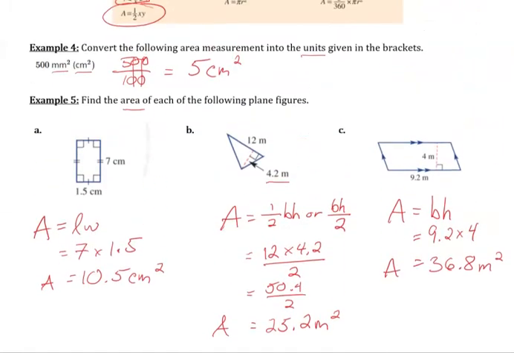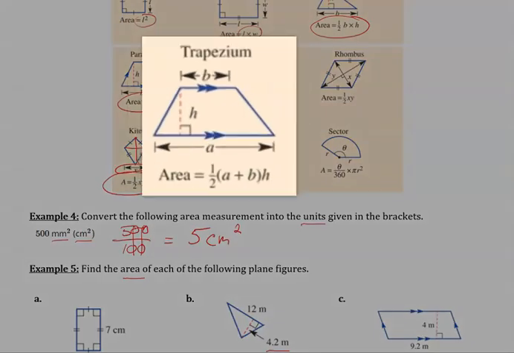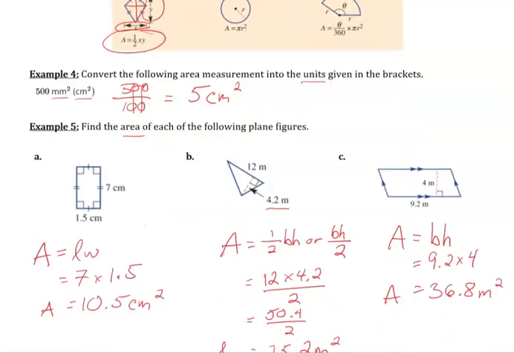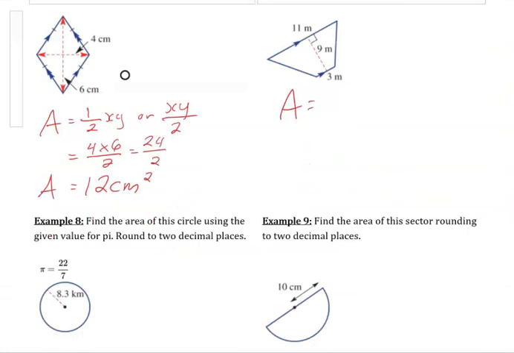This one, trapezium, this one's a lot of fun. Okay, let's go up and check it. So a trapezium is 1/2 of this side plus the other parallel side times the height. Here we go. Area equals 1/2 a plus b, which is the two parallel sides, times the height. Or a plus b times height over 2. Same thing. So a and b are 3 plus 11.